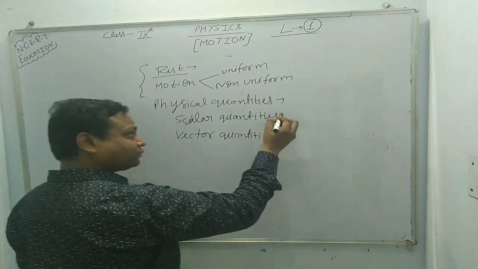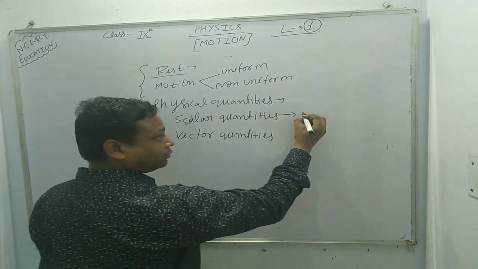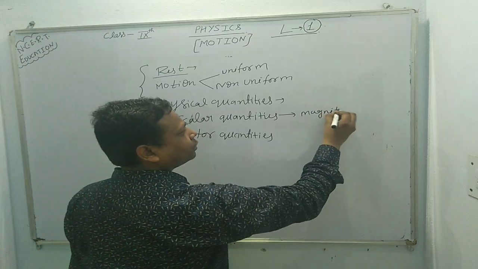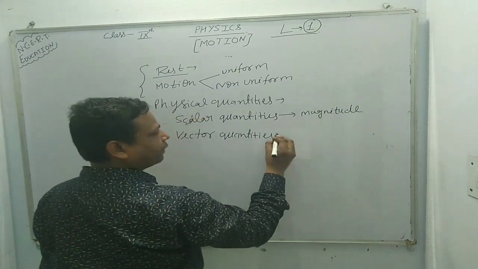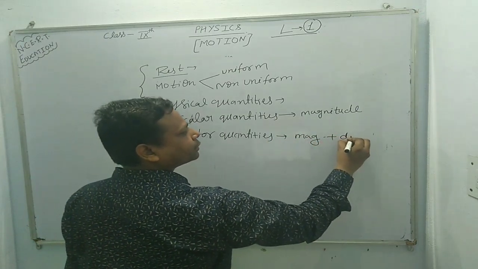Scalar quantities are those physical quantities which need only magnitude to measure, not direction, but vector quantities need magnitude as well as direction.